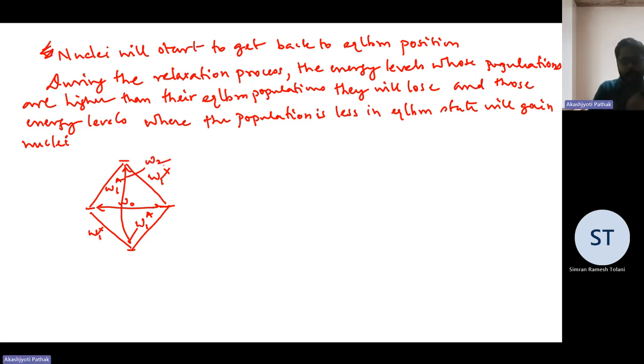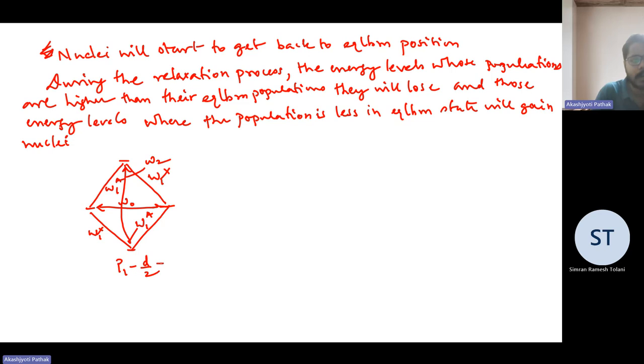Omega 2 of the double nuclei probability transition. So what will happen is this will be here. What was the population?